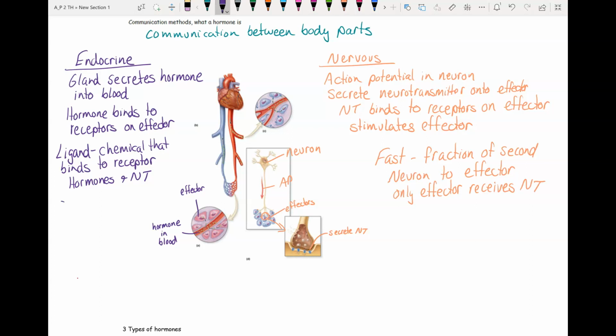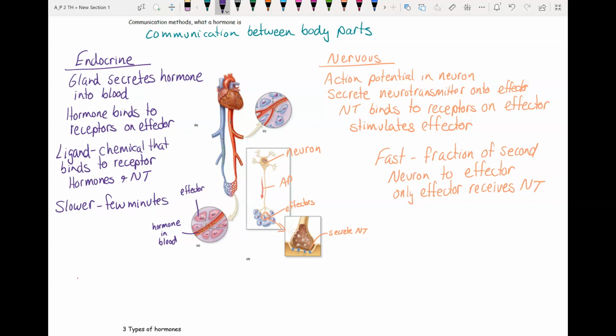Endocrine is slower because you travel in the blood. So you're relying on the blood to deliver the hormone. So it can take a few minutes for the blood to get the hormone to its destination.